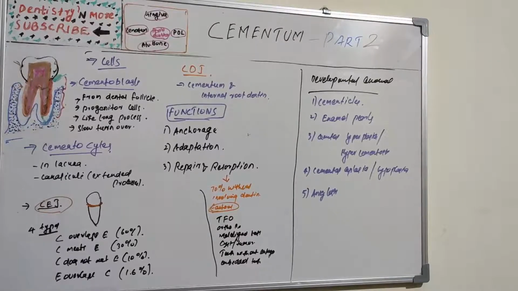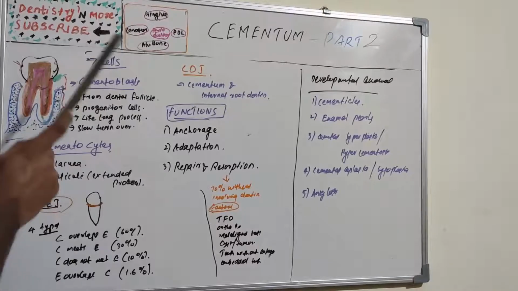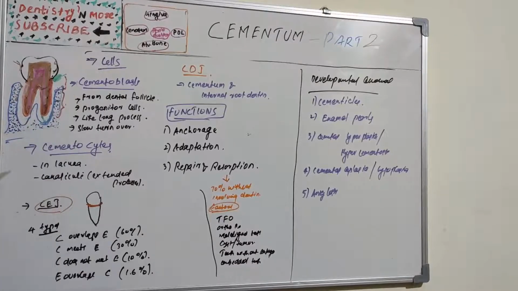Hope you remember the dental follicle giving rise to cementum, periodontal ligament, and alveolar bone, whereas the papilla gives rise to pulp and dentin. So the transformation of mesenchymal cells of the dental follicle gives cementoblasts. These cementoprogenitor cells synthesize collagen and protein polysaccharide.